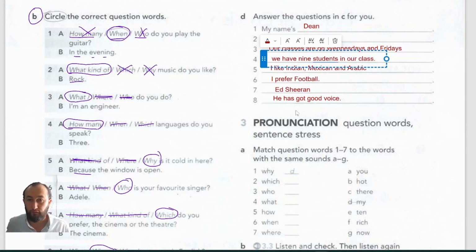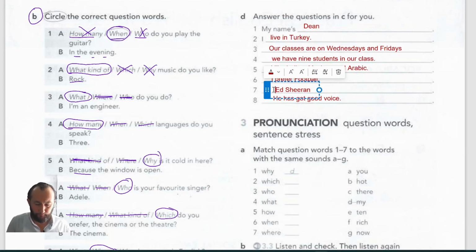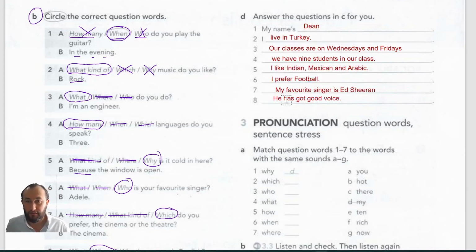You see, we have 9 students in our class. I like Indian, so it's a full answer. Maybe I can put a full stop here. I prefer football, Ed Sheeran. So you can say my favorite singer is, and he has got a good voice.